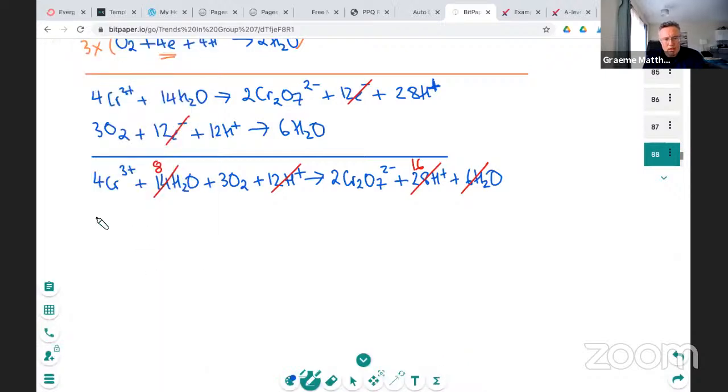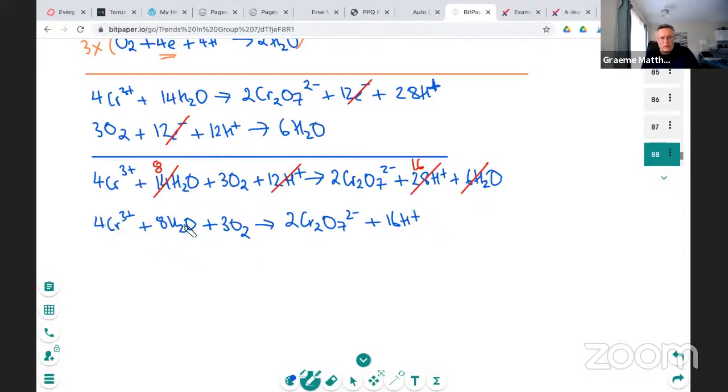So I got 4 chromium 3+ like this, and 8 H2O, and 3 O2, goes to 2 Cr2O7 2-, and 16 H+, like so.